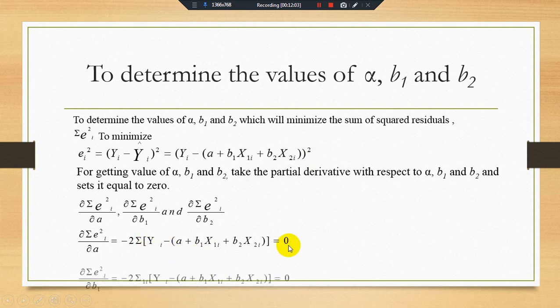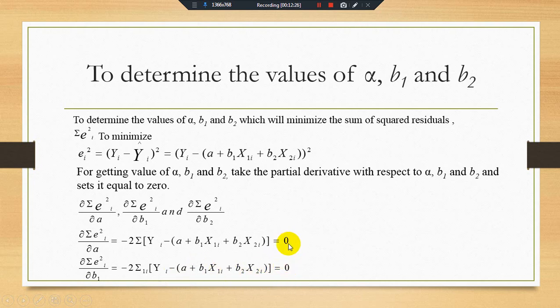Now we take the partial derivative with respect to b1. We get minus 2 summation of x1i into (yi minus (a plus b1 x1i plus b2 x2i)), and put this outcome equal to 0.